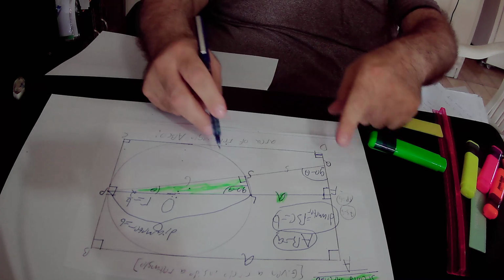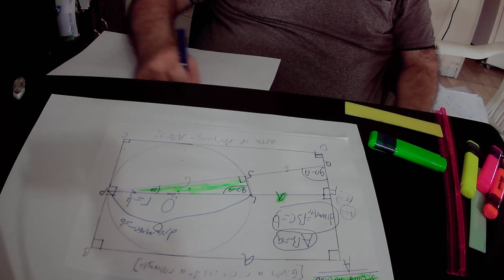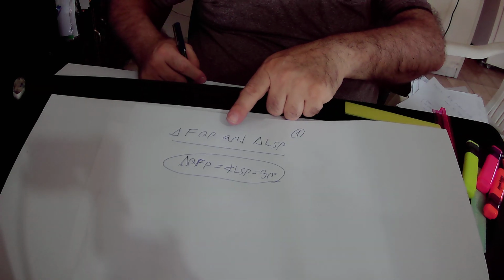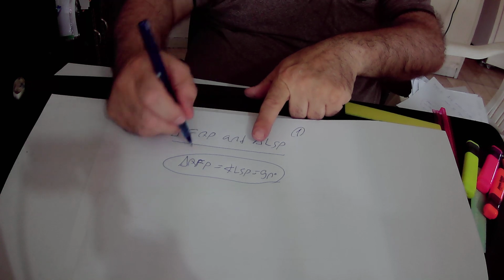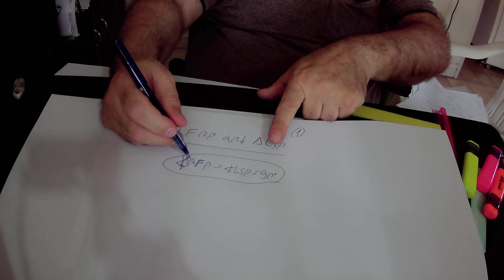Both angles are equal to 90 degrees, therefore they are equal to each other.